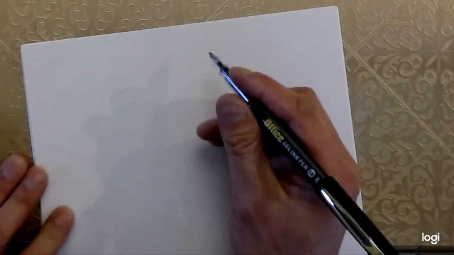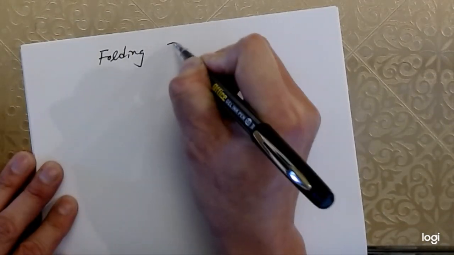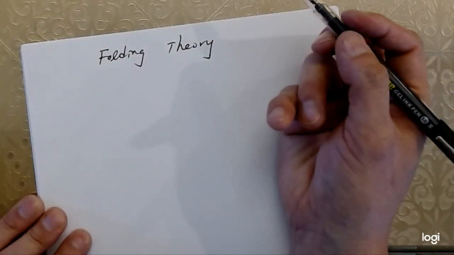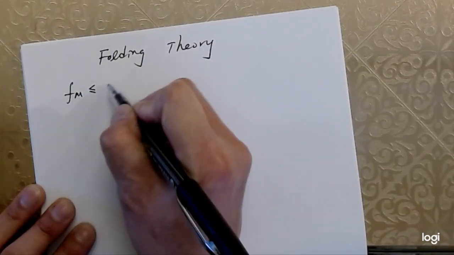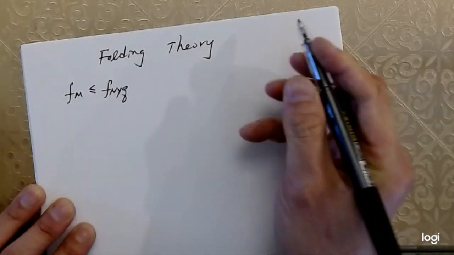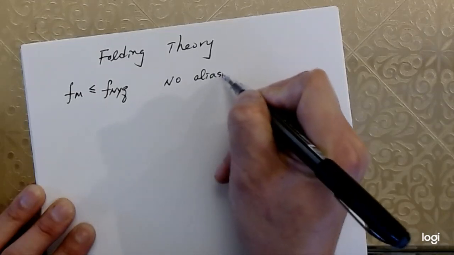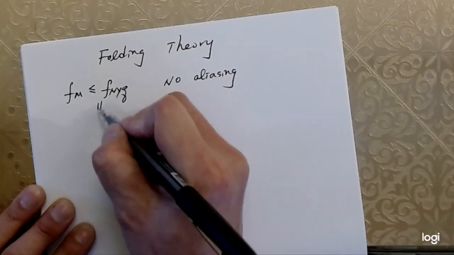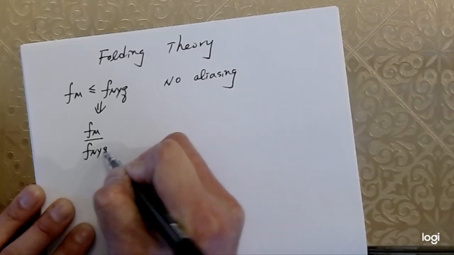So what's folding? We know that for signal frequency smaller than the Nyquist frequency, there is no aliasing. So meaning the ratio of signal frequency to Nyquist frequency should be smaller than 1.